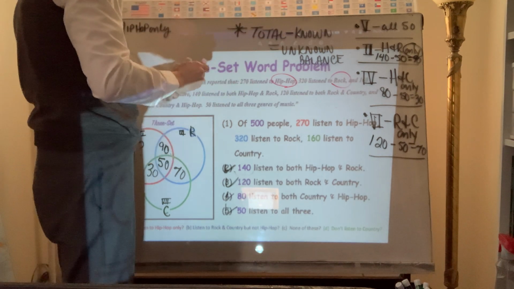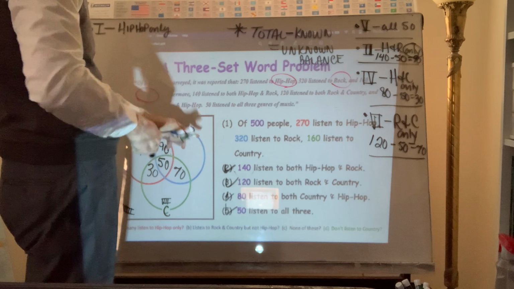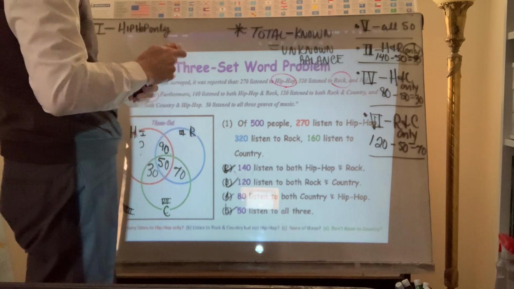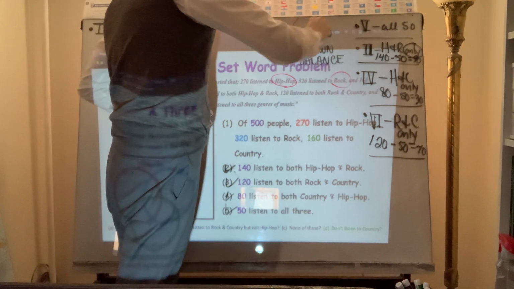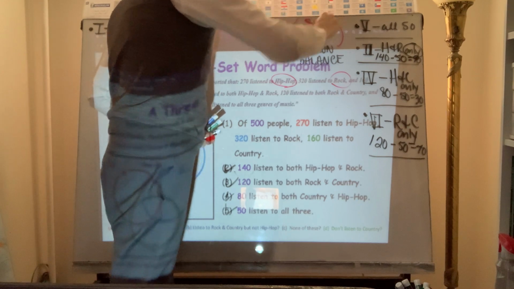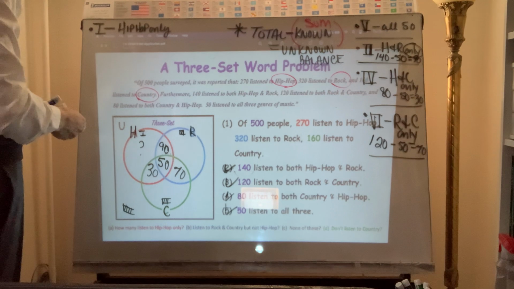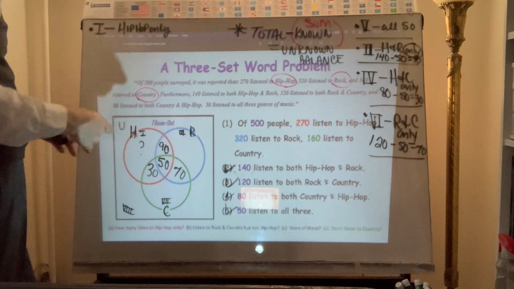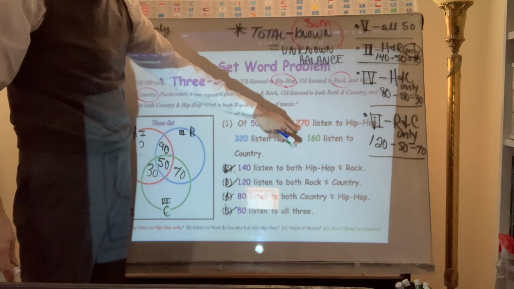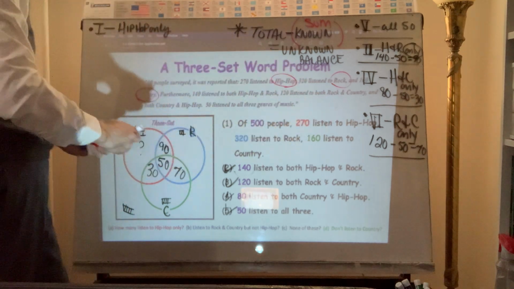It's just that the known amount in this case, and in the other 2 as well, is going to be a sum rather than just one number. So the total is what's quoted to us initially, which is that 270 people listen to hip hop.